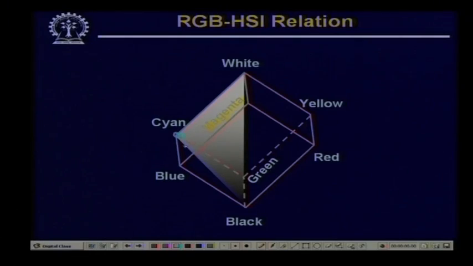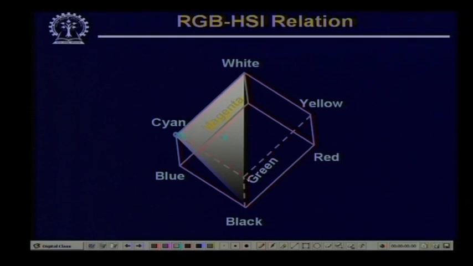And from our earlier discussion, you can also very easily verify that for any point given on this particular plane defined by these 3 points cyan, white and black, the color components can be specified by a linear combination of these 3 points.